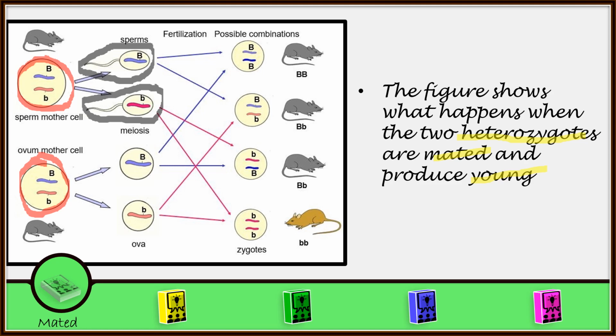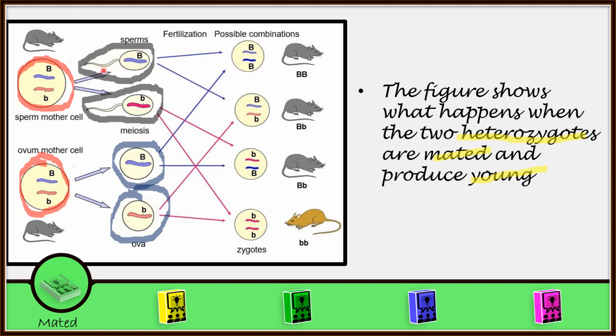When it comes to the ovum mother cell, this one is going to produce an ovum with capital B allele, and it will also have another ovum with small b allele. So those are the gametes that are going to be formed, which means that there is going to be a different combination.